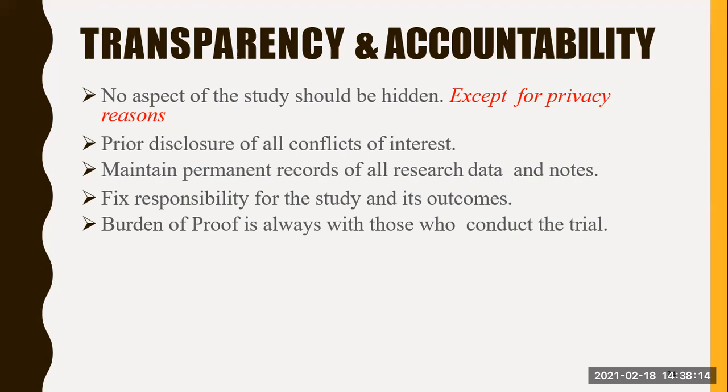Okay, then the burden of proof is always with those who conduct the trial. It is the sponsor, investigator, and other stakeholders who perform the clinical trial. They carry the burden of proof.